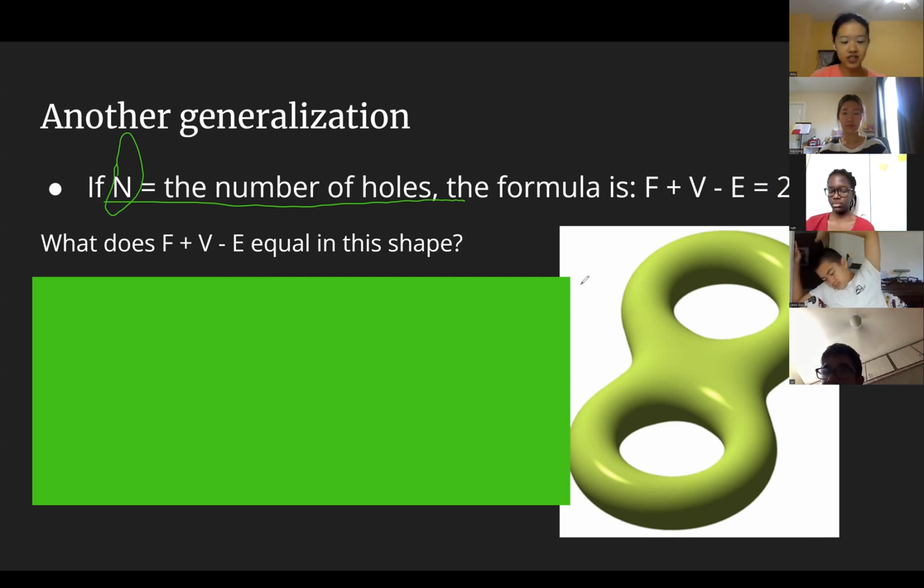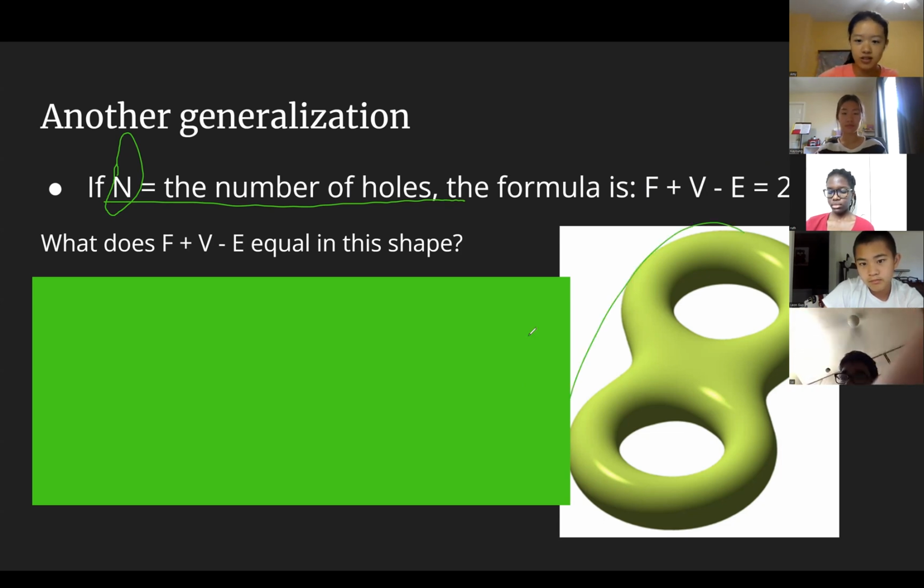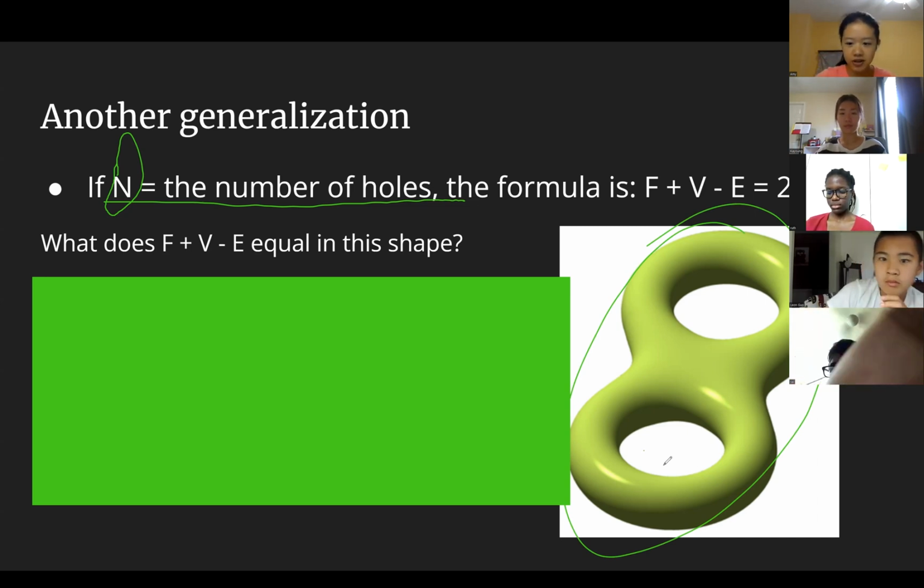So for example, if a shape had 0 holes, then this term would just be gone. So that's why it equals 2. If a shape has 1 hole, then this part would be 2 minus 2, which would just be 0. So what would this value be in this green blob thing here? So n would equal 2 in this case.